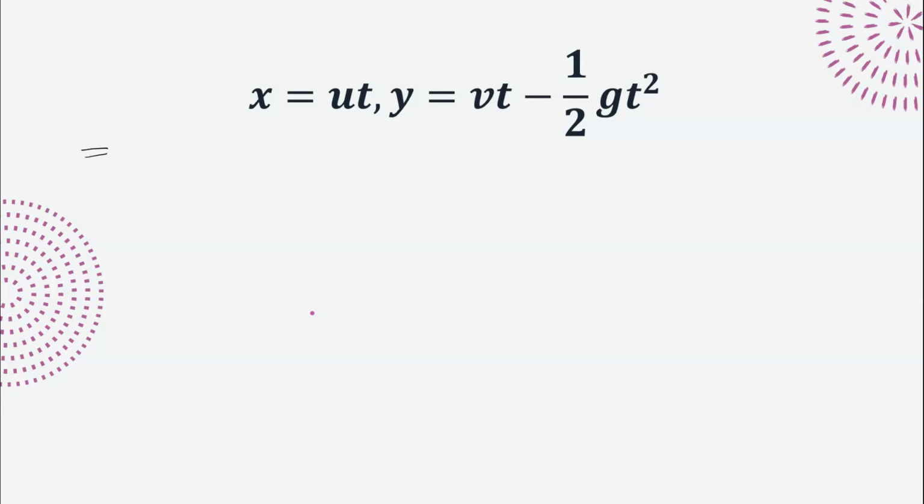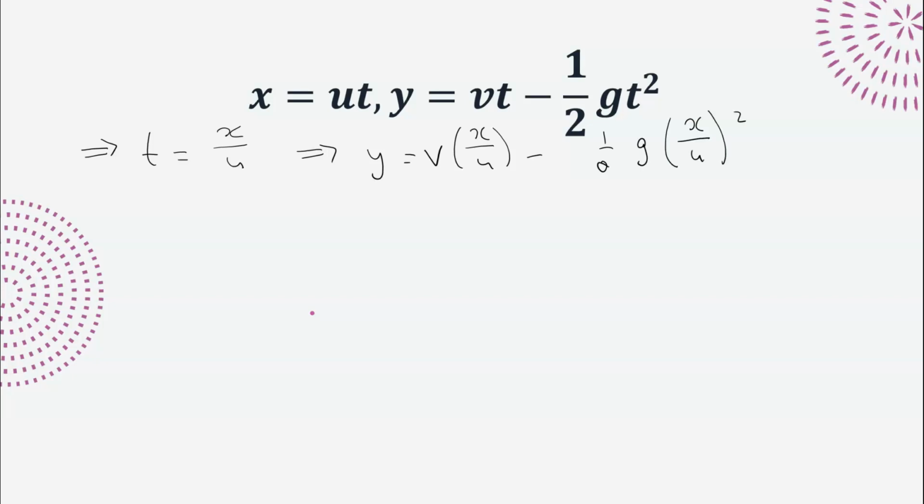The first thing to do would be to rearrange x so that t is equal to x over u, and then substitute that into y. Now instead of t, we're going to write x over u, minus a half g t squared, which is x over u squared. And if we rearrange that, x.